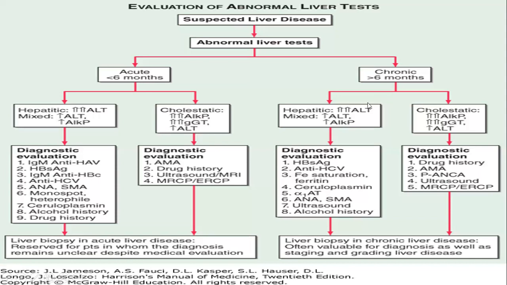Now, for chronic states in a hepatic pattern, these are the tests that we do: the hepatitis panel, ferritin determination, ceruloplasmin, ultrasound, and alcohol intake history. In a cholestatic pattern, more or less the same, no? The same as with acute. And our last resort would be determination of the abnormality via liver biopsy. Okay, so thank you very much for your kind attention. That would be all.